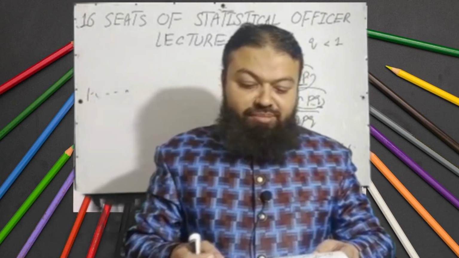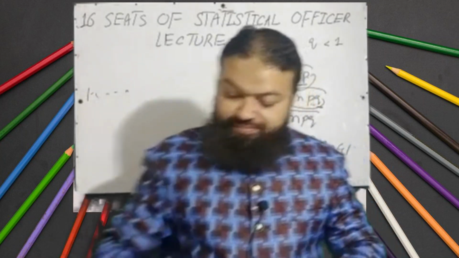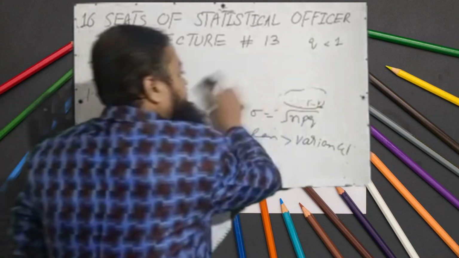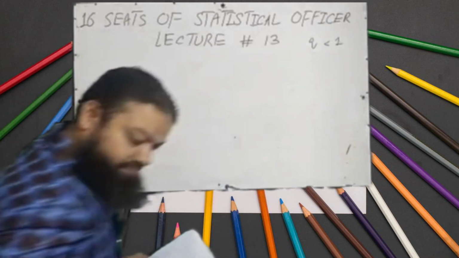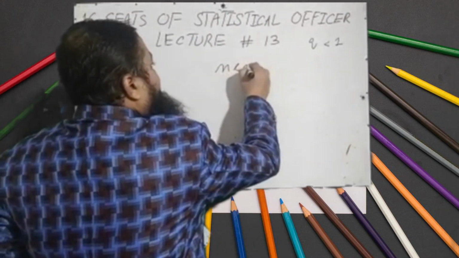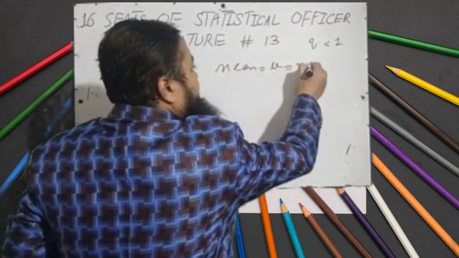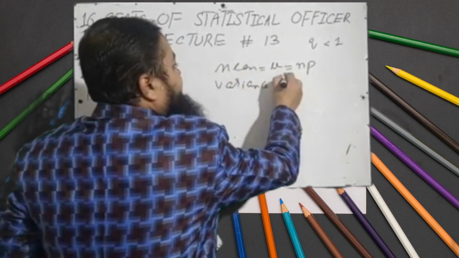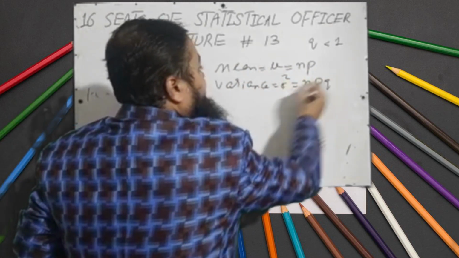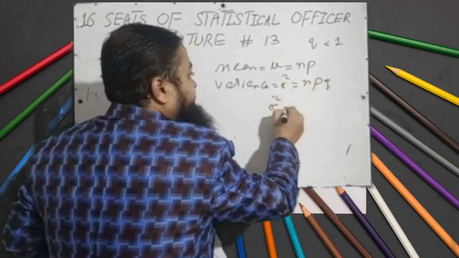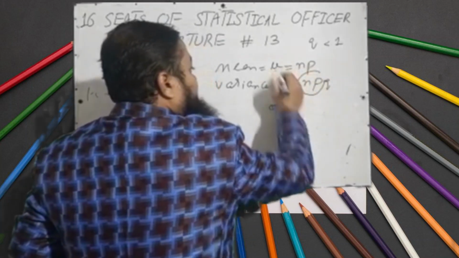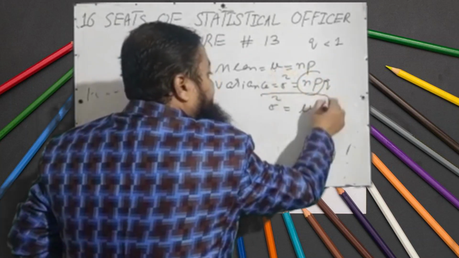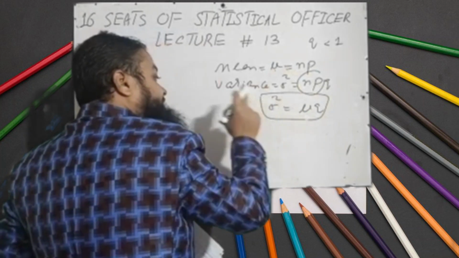Next question, number 12, is very important. If I write mean is equal to mu is equal to np, if I write variance is equal to sigma square is equal to npq. Just consider sigma square is equal to, for np I can put mu q.